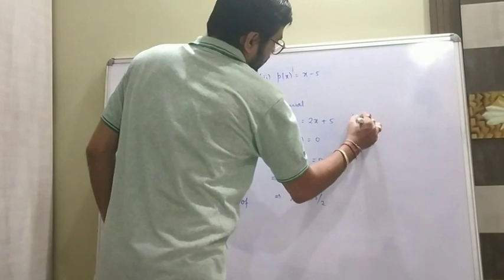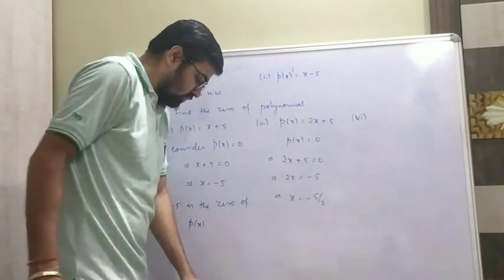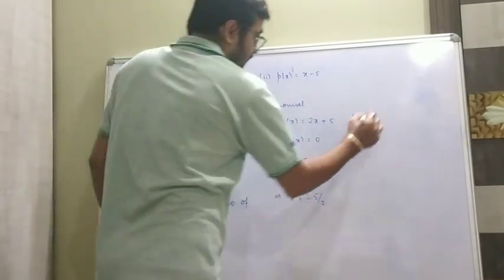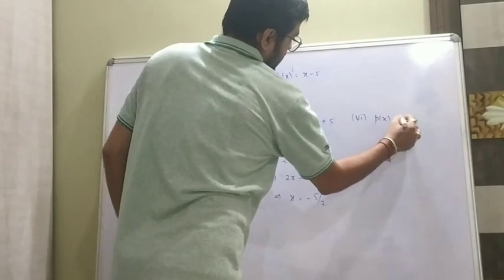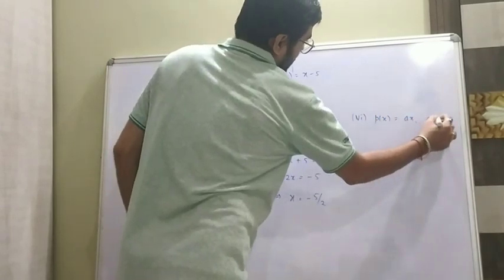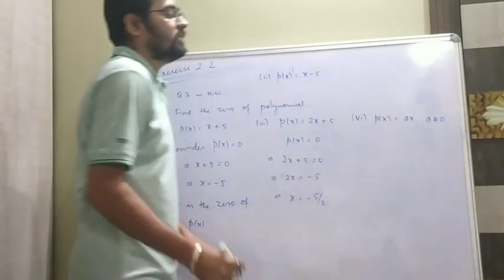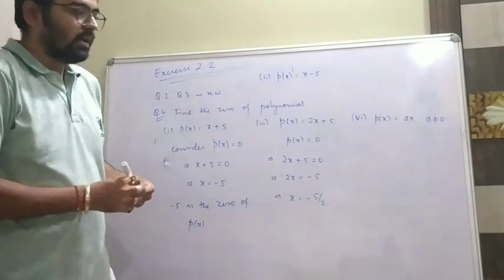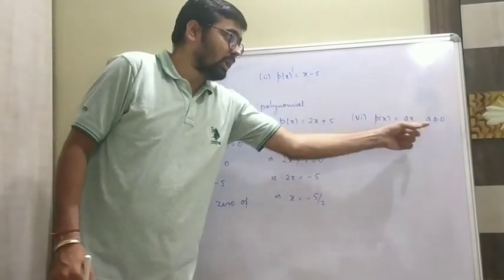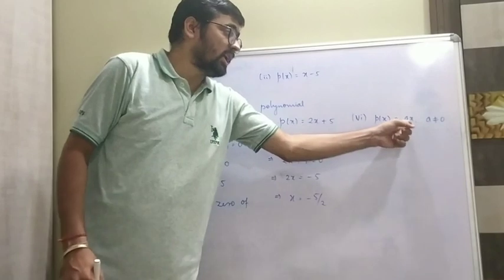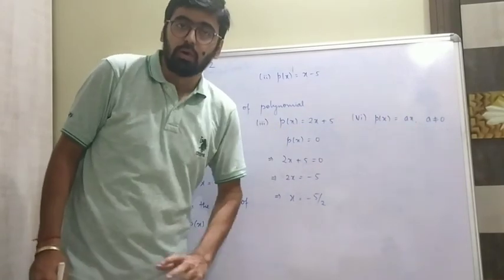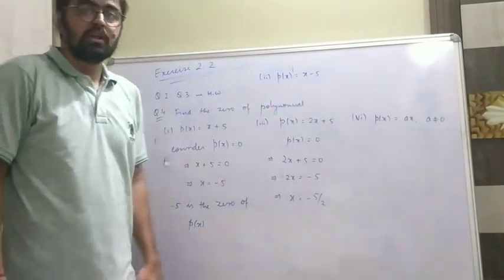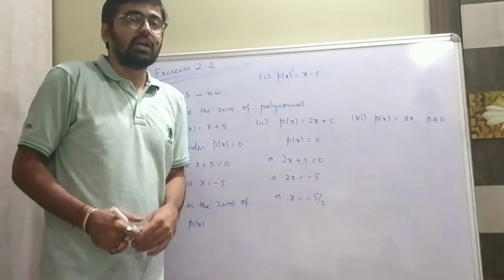So let me go for the sixth one. The sixth one is given as p of x equals ax, where a is not equal to 0. Correct? In this particular polynomial, a should not be 0, because if a becomes 0, then this becomes a zero polynomial. That is why that condition is given. But how can we get the zero?